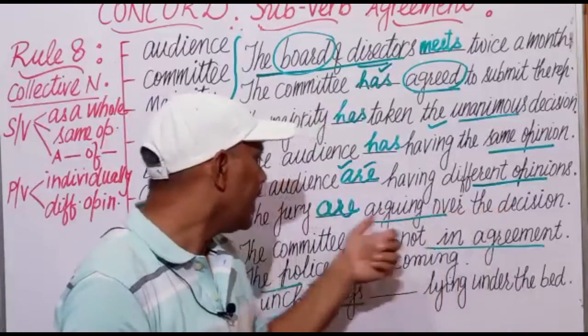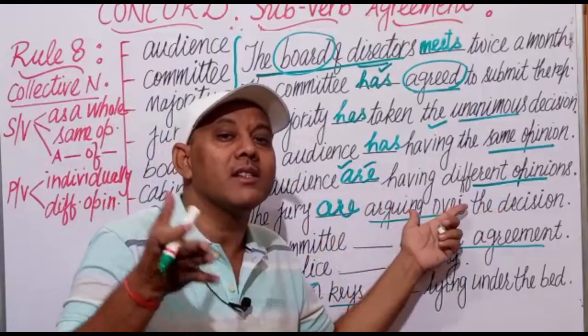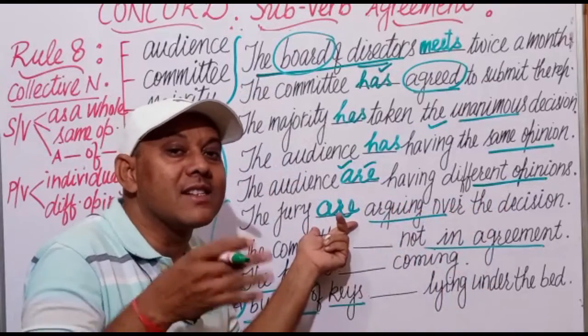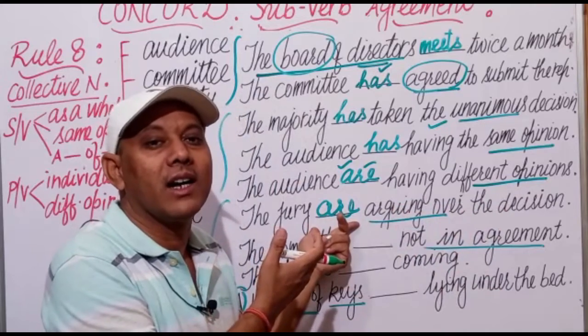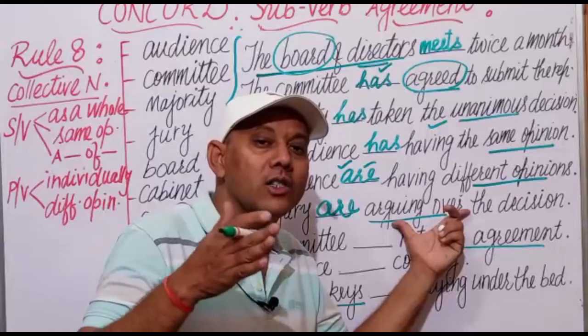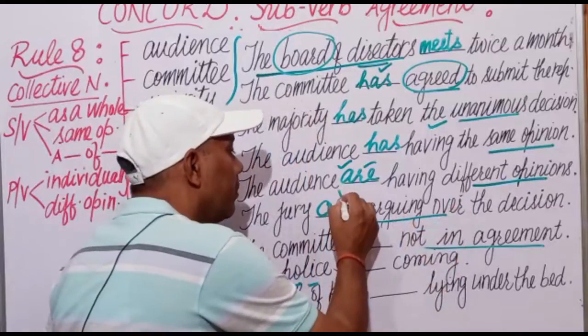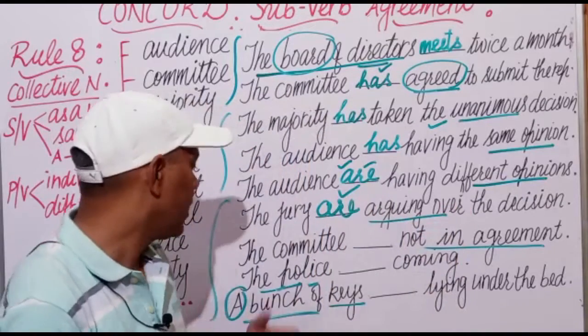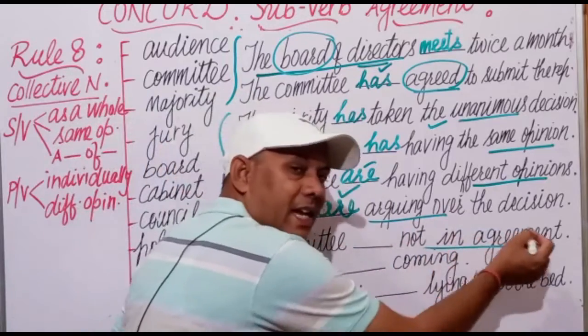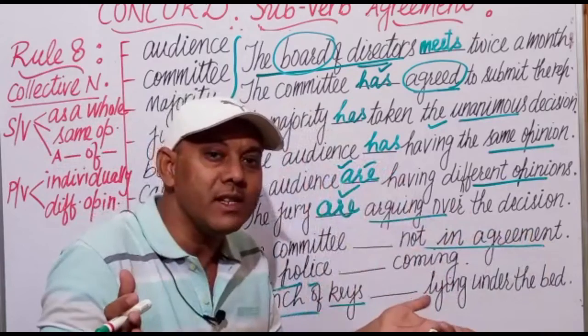अगर यहाँ होता the jury has given a unanimous decision, then we would have used is instead of are. But if the members of the jury are divided, are not in agreement, we shall use a plural verb are. The committee dash not in agreement. The committee are not in agreement means they have not the same decision.